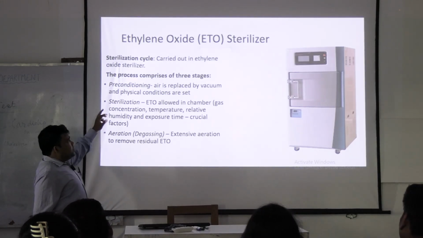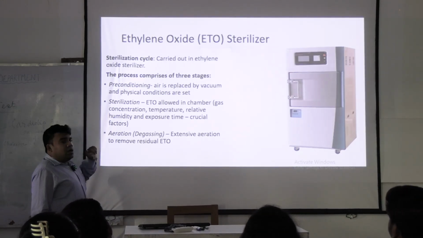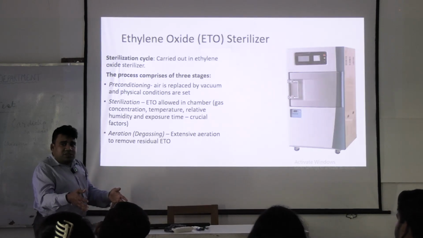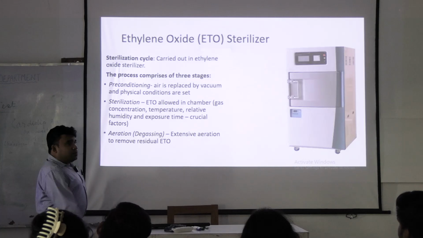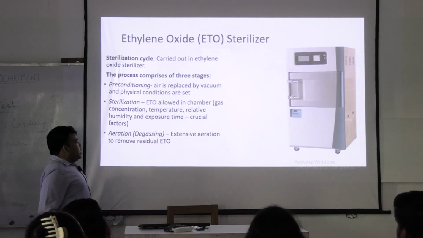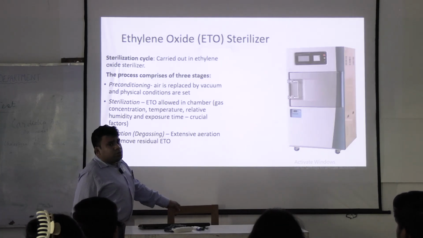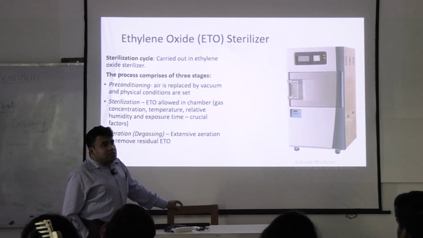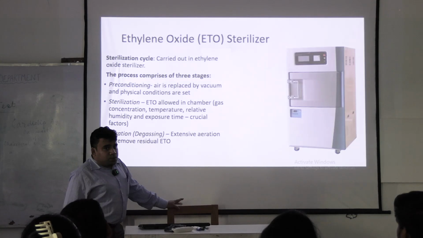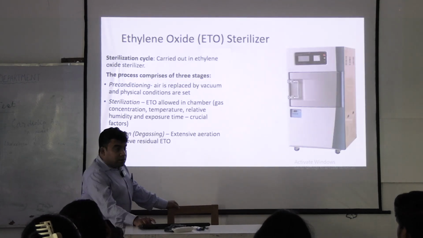It has three processes. First is preconditioning, in which after the package is kept inside the ETO sterilizer, vacuum is created, then ETO gas is pushed into that vacuum, and then extensive aeration to remove ETO. Now ETO is not conducive for human inhalation, so proper usage is very important.